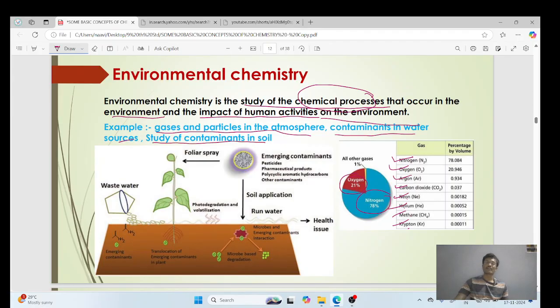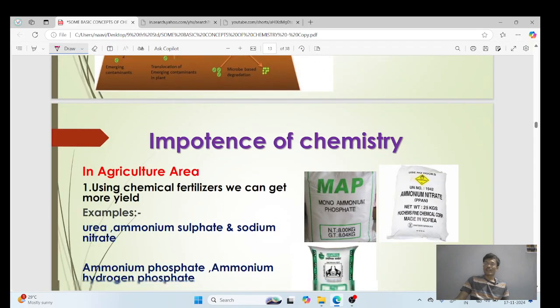These are the study of environmental chemistry. How does contaminated water occur in the environment, and how does contaminated soil occur in farmland? These are the importance of environmental chemistry.